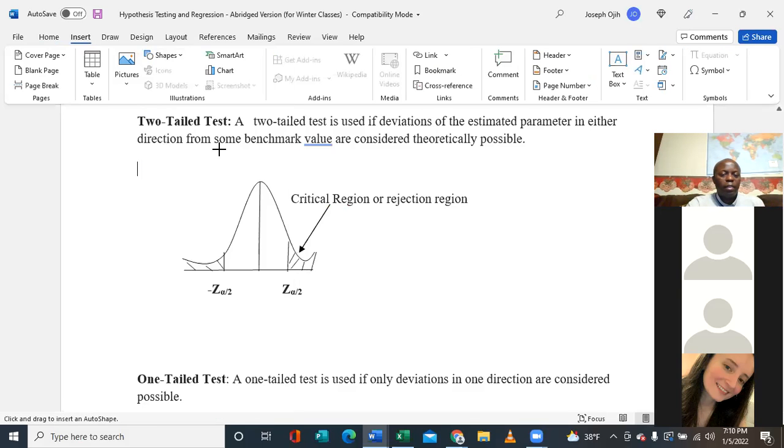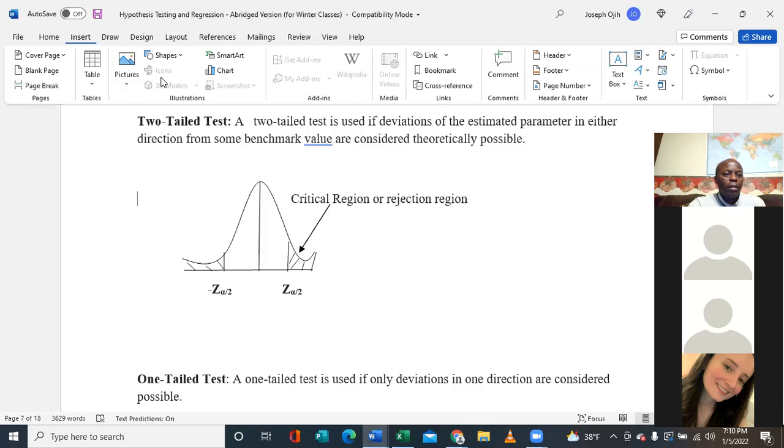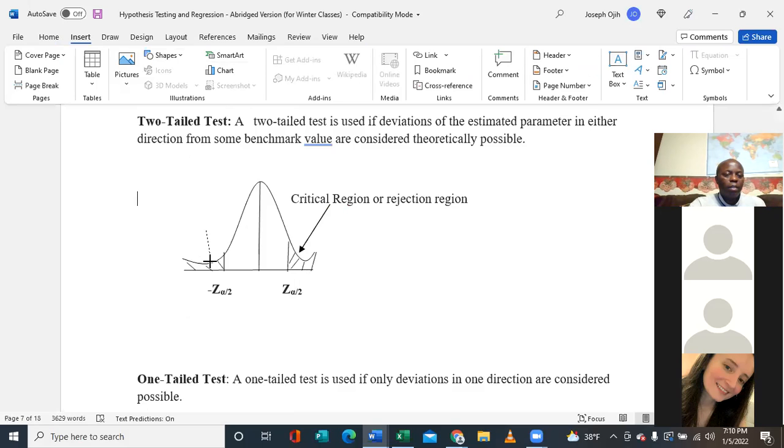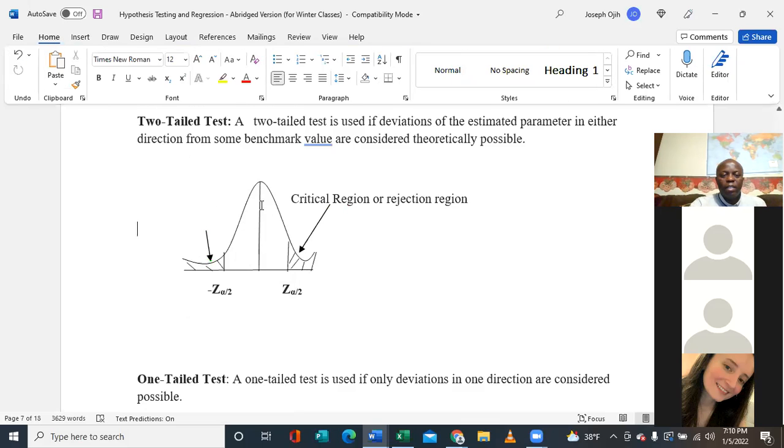On the left side, here is also a critical region. So if your answer falls in any of these regions, left side or right side, you reject. But inside here is the acceptance region. If your answer falls within this side, you accept. But if you fall in any of these shaded regions, you reject.